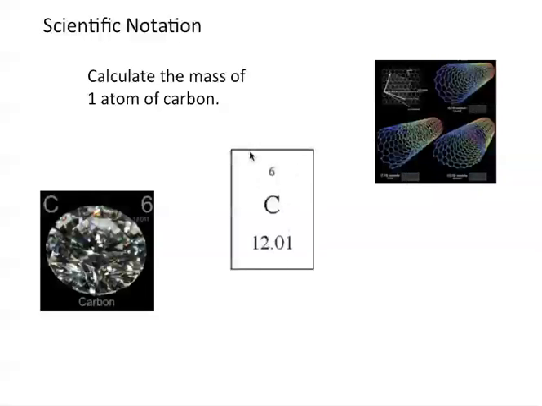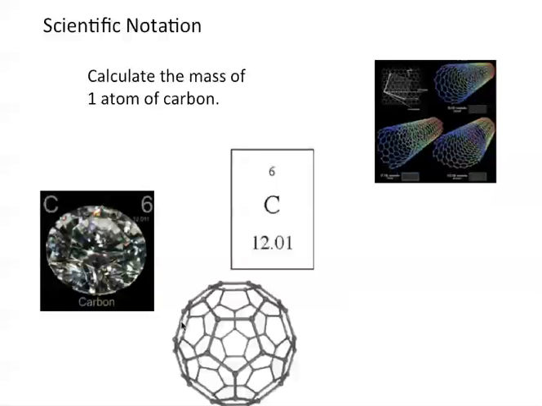And here's carbon in the periodic table of elements, and it has an atomic mass of 12.01 grams per mole. And this is a molecule of Buckminster fullerene. It's carbon. Carbon can often be found in this really neat molecule. And it's a soccer ball, which is pretty neat.